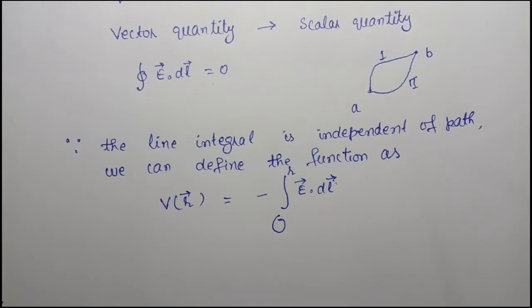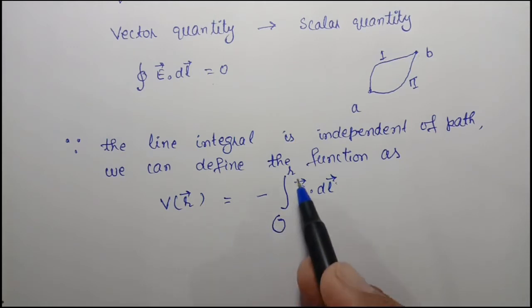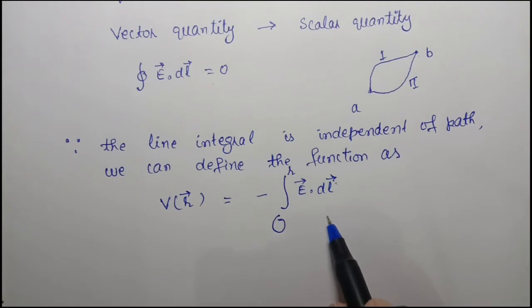I will repeat the same: because the line integral is independent of path, we can define the function for potential like this, that is, V(r) is equal to minus the integral from O to r of E dot dl.